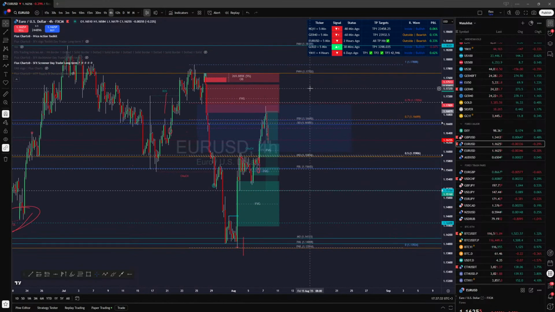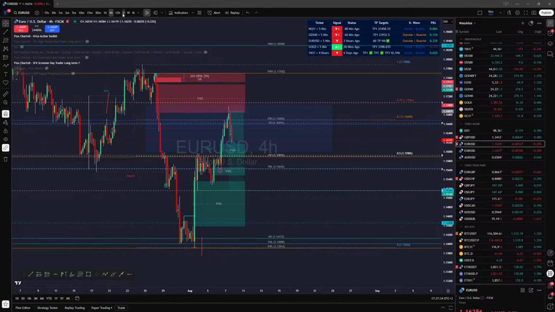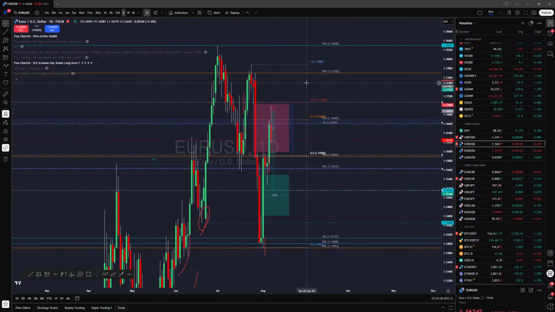We needed some point, some zone where we expected some reaction, right? It can be an order block, it can be a Fibonacci gap, it can be a breaker block, it can be some liquidity sweep, a zone where you expect the price to reverse. It just can't reverse out of the blue. No, it cannot happen.